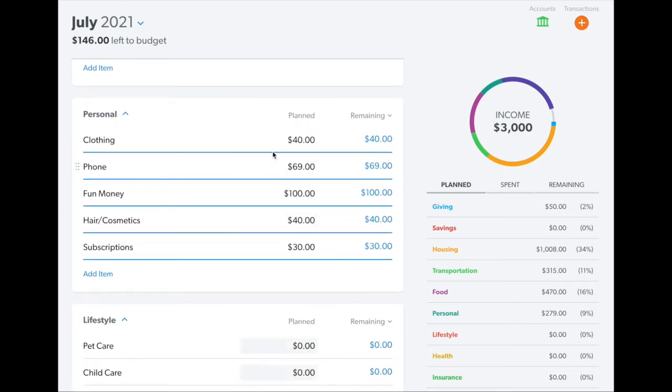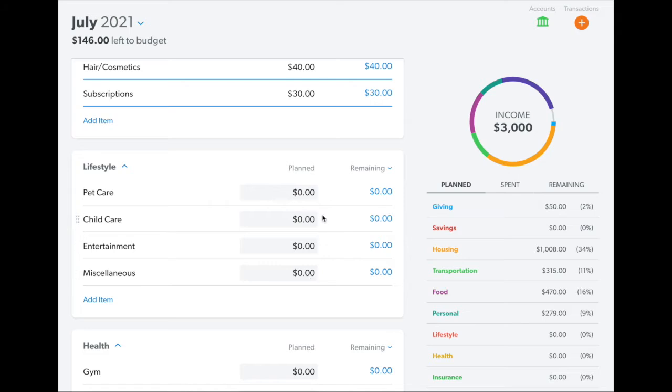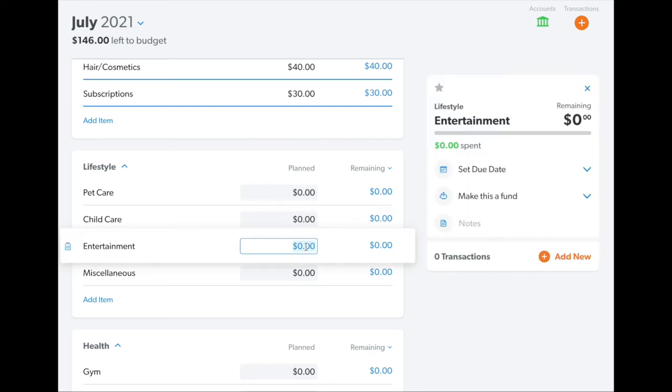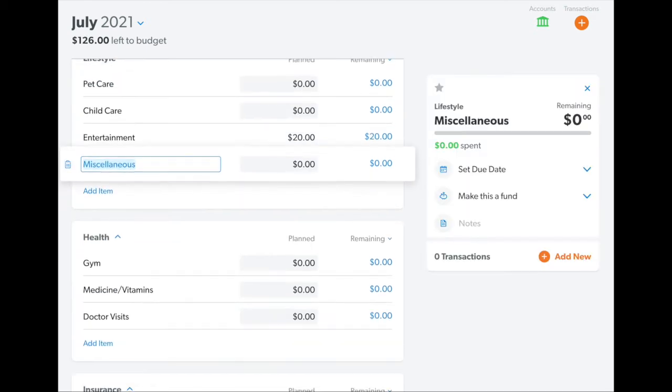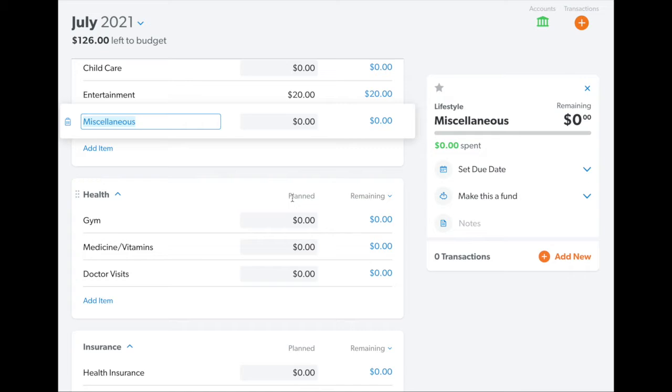Here's all your personal expenses, so clothing, your phone bill, fun money, subscriptions, those types of things. If I had pet care, child care, entertainment, or miscellaneous, I would put them there. So maybe I'll spend $20 on entertainment this month. I don't have a gym membership.